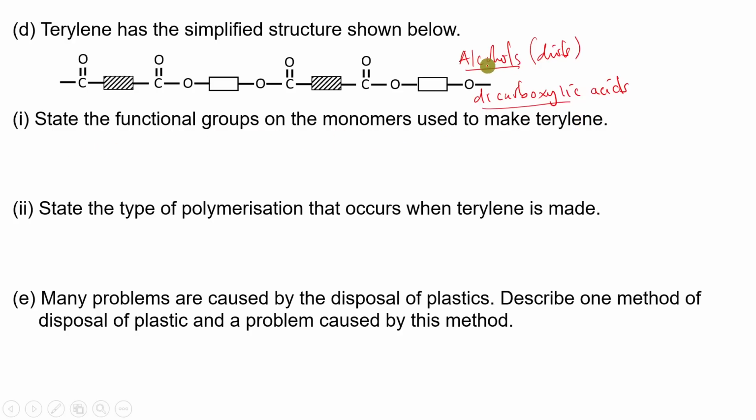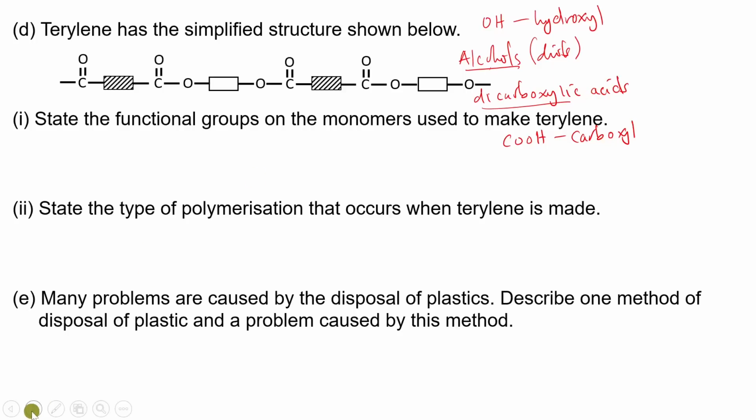So for the alcohol, the functional group is OH, called hydroxyl, as I already mentioned. Then for carboxylic acid, the functional group is COOH, called carboxyl. So these are the ones they wanted.